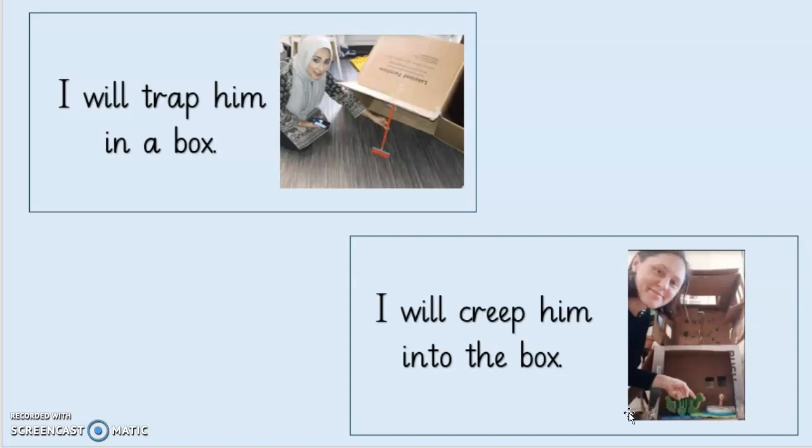So Miss Ritchie's also decided to use a box to help catch the dragon. But look at this. What has she got inside the dragon to help the dragon get into the box? She's got a cake. What a good idea, Miss Ritchie. Maybe the dragon will come into the box to get some cake, and then we could catch him.